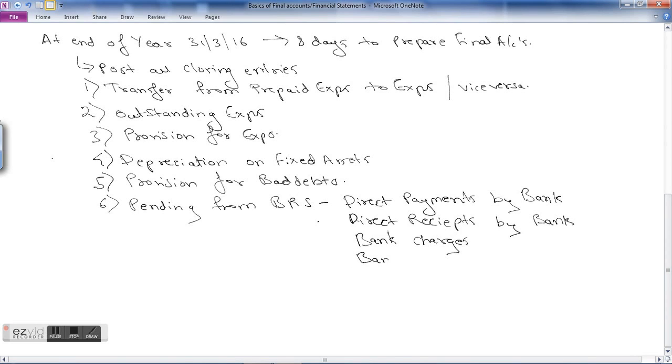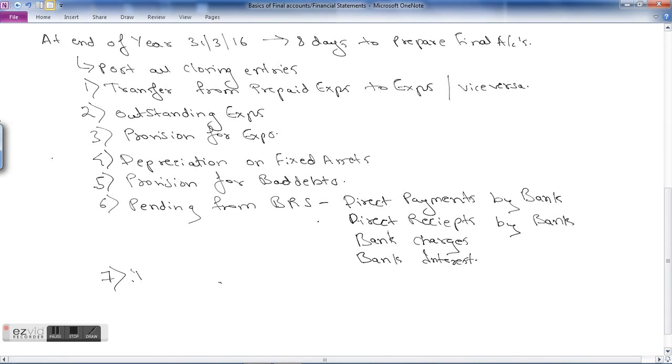Then bank interest which is credited in your bank statement but not passed in your books. All those pending entries you need to pass before closing.